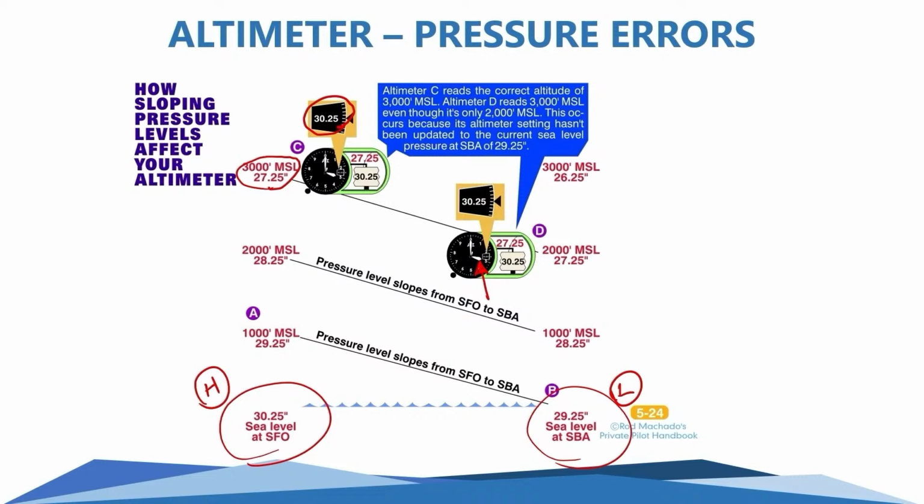So if you're going from a high pressure to a low pressure, watch out below, because now the pilot's actually going to be at 2,000 feet MSL, and they're still thinking that they're at 3,000 because that is what they're indicating, because they have not adjusted to the local altimeter setting. Okay. You'll notice that 30.25 to 29.25 is exactly 1 inch of mercury, and 1 inch is the equivalent of a 1,000-foot change. That's the reason why the pilot was at 3,000 and now they're at 2,000.